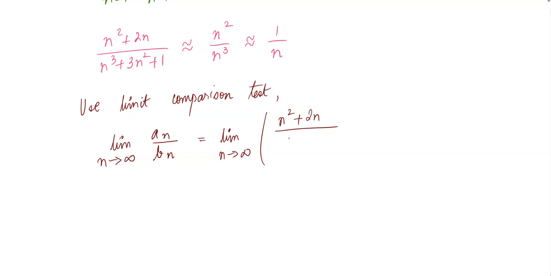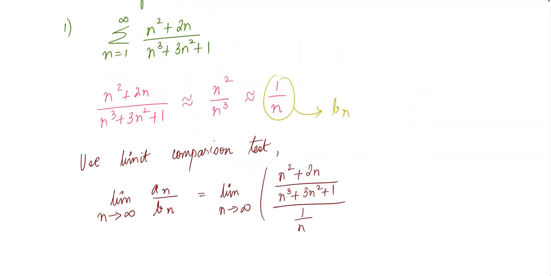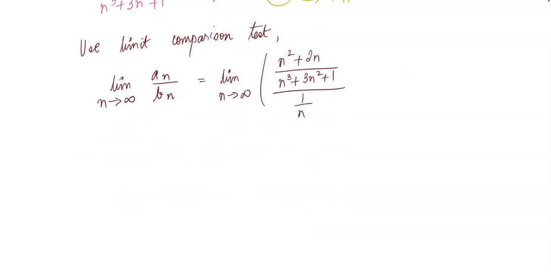So the given expression goes up first, divided by our expression. If it helps, we could just say this will be our Bn, and this whole thing will be our An. It's always what comes in the problem. That's your An over the Bn, and that's what we have here.